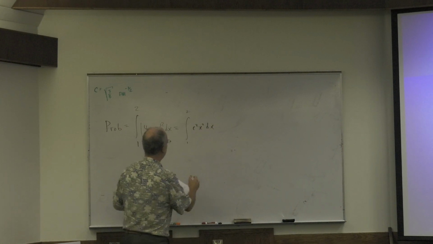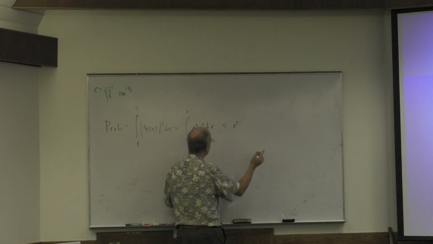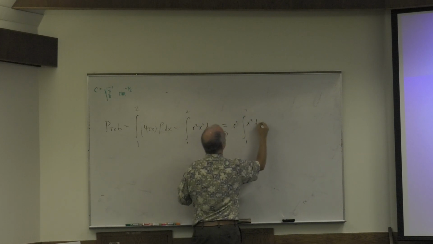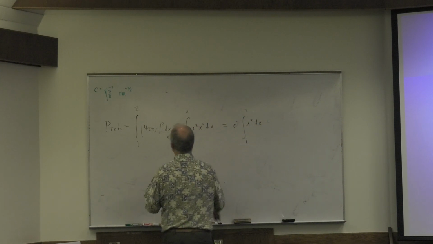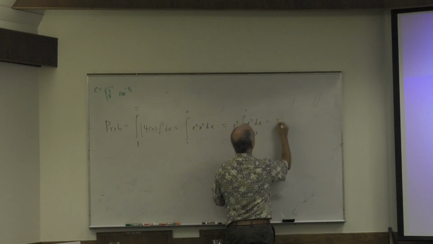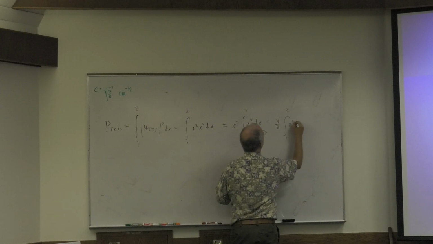But now we can pull out the c squared. I'm just going to show you every little step. You can skip a whole bunch of these steps, right? And then c squared, that's c. So c squared is 3/8. So 3/8 times the integral from 1 to 2 of x squared dx.